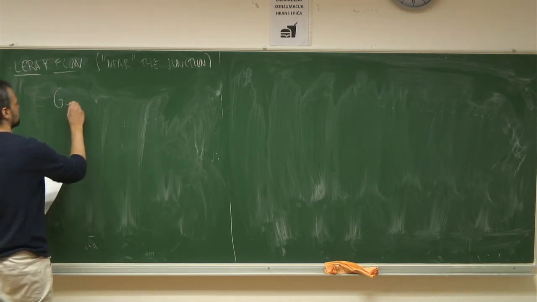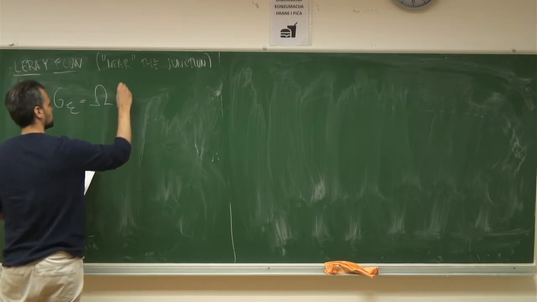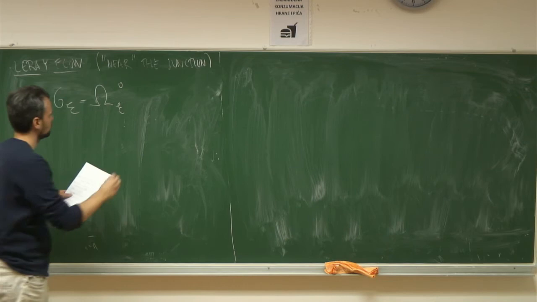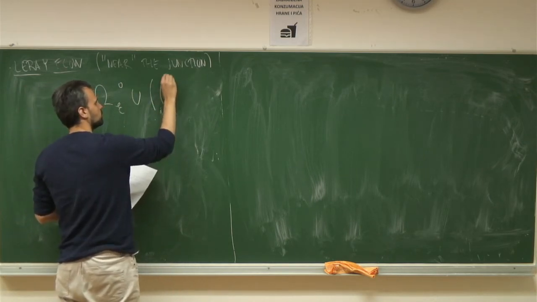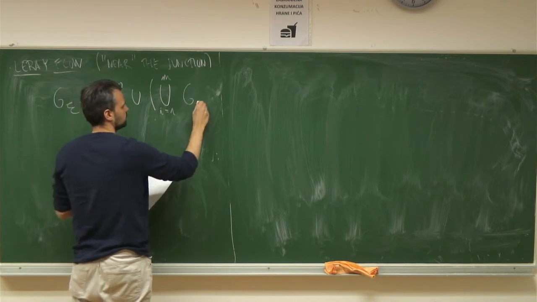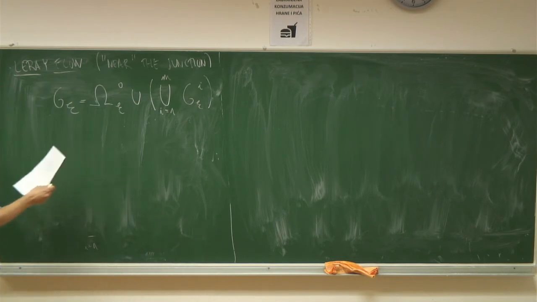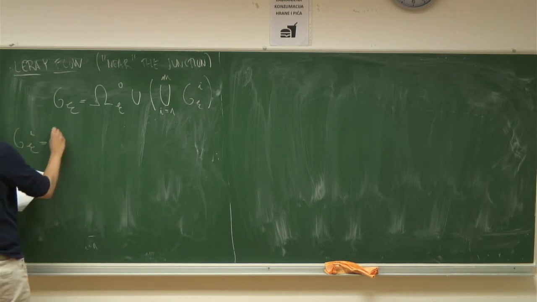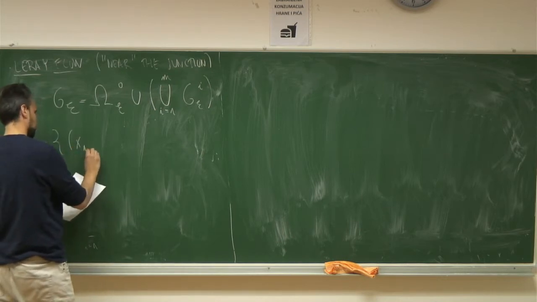So G epsilon is omega epsilon 0 union with the big union of G epsilon I. So this G epsilon I will be x1I.